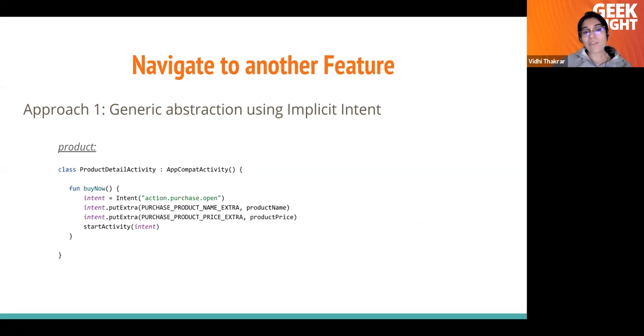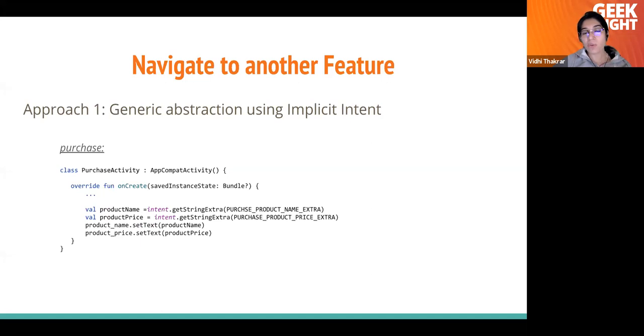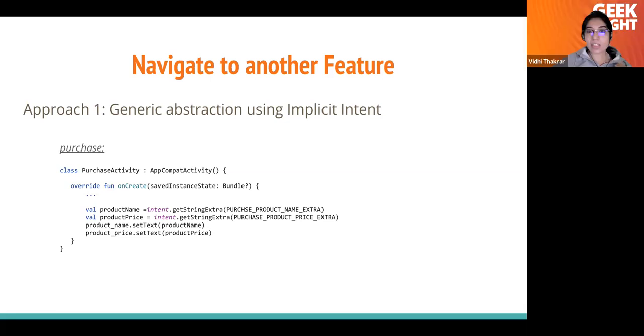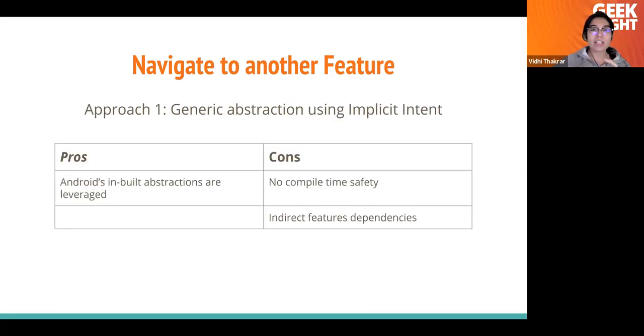The second thing is, whenever you are putting in extras, because the intent is a generic structure, it's just a key value pair. So the key name should be the same when you are setting it from the product detail activity and when you are reading it from the intent in the purchase activity, right? So we still have indirect dependencies between these two features. So that is again a flip side.